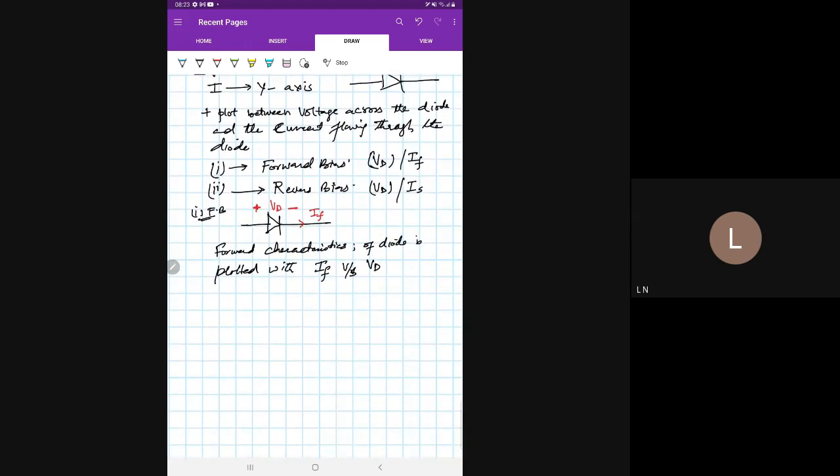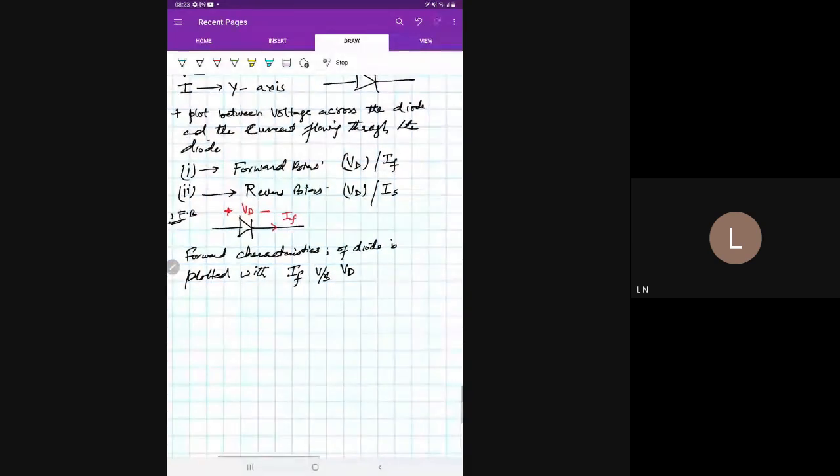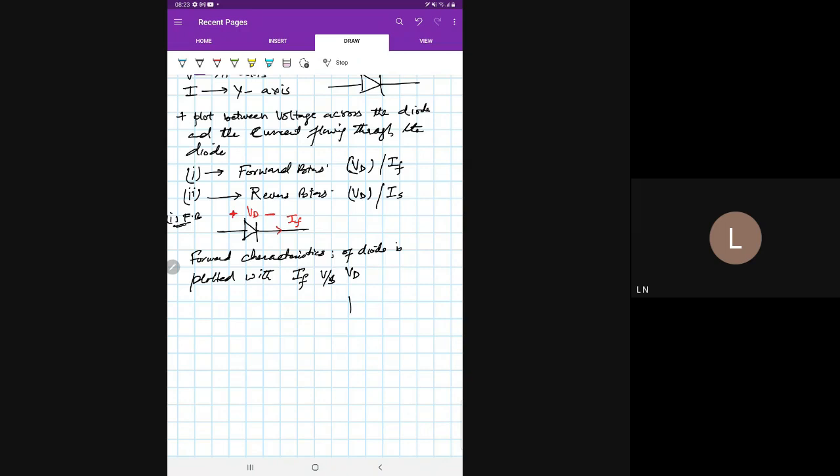We plot this current against this voltage. This is how we draw the forward characteristics of a diode.